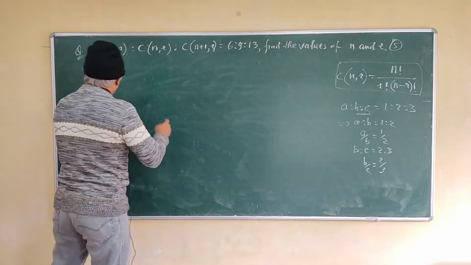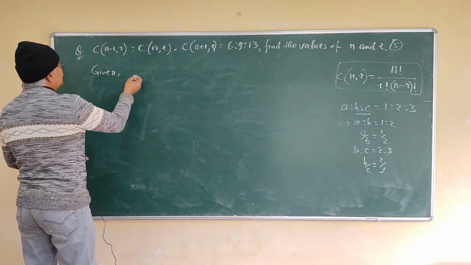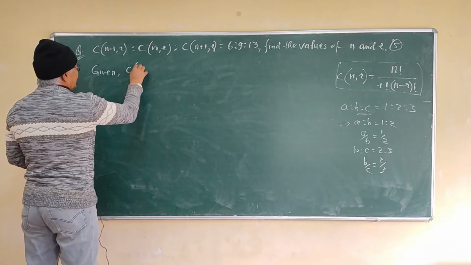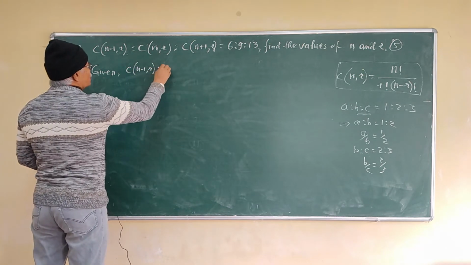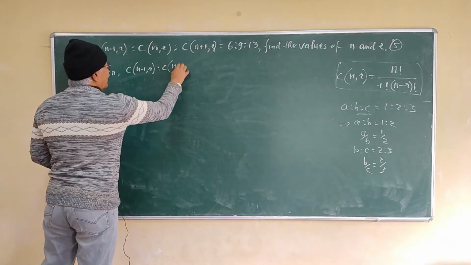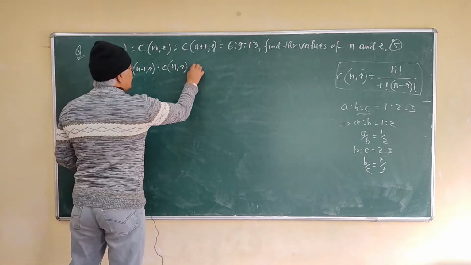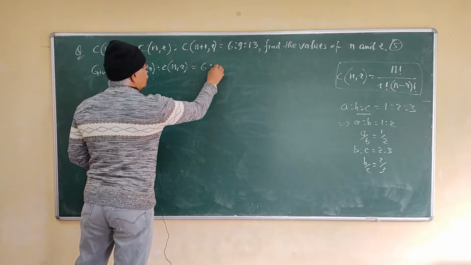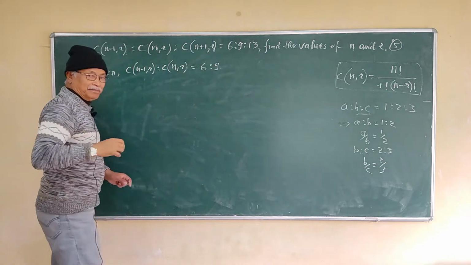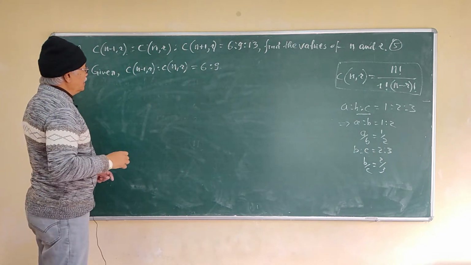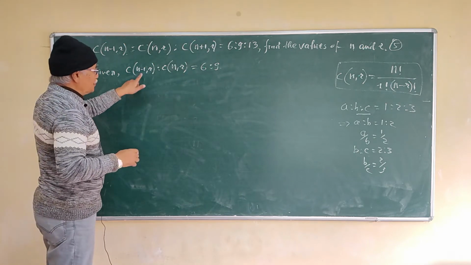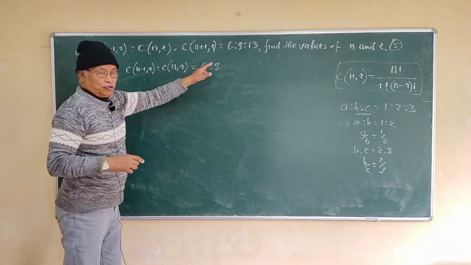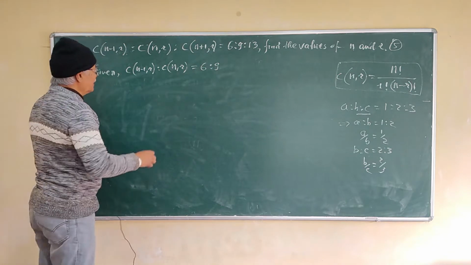Now we are given what? C(n-1, r) : C(n, r) will be equal to 6 : 9, right? 6 : 9. Okay, let's write it out in the fractional form, as A : B is 1 : 2, like that, all right?